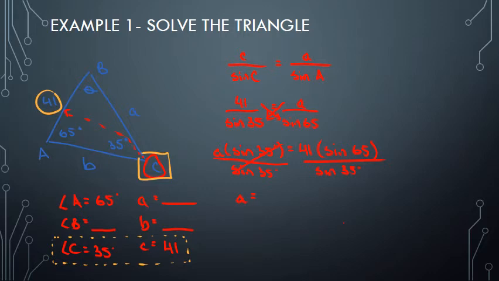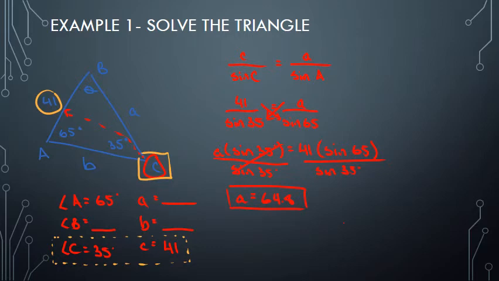So you might need some help with that. I'm just going to do what I see here: 41 times sine 65. Then I hit equal so I know the top, then divide it by the bottom, sine 35. I did it in 2 steps, but you can do it in 1 step. Then I'm going to go to 1 decimal place again. So I get 64.78, so 64.8. Perfect. So that would be A.